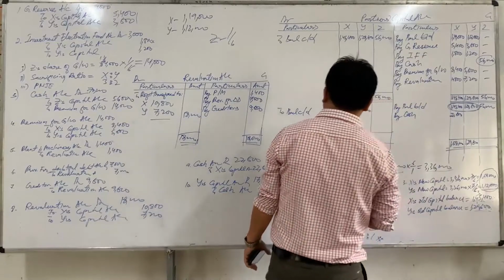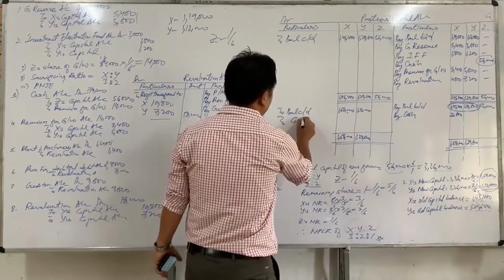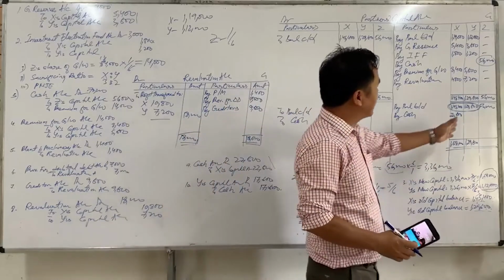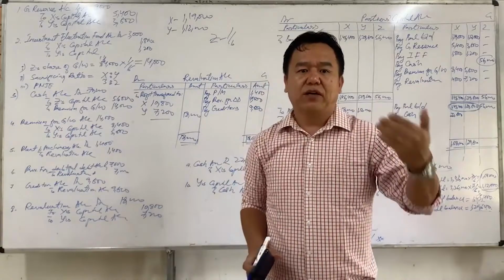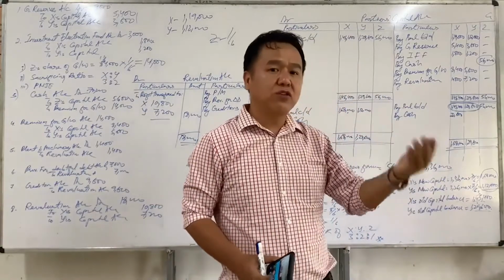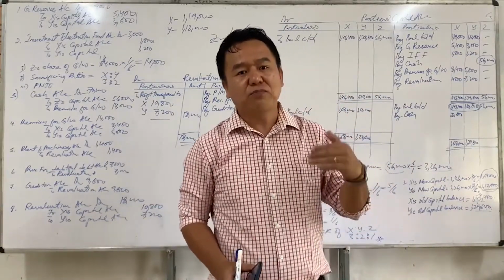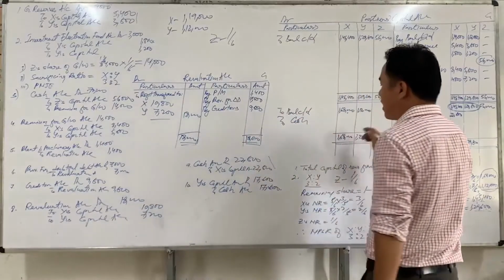The difference will obviously be to cash. If old capital balance is more than new capital, then there will be a surplus, and that surplus will be withdrawn by Y.